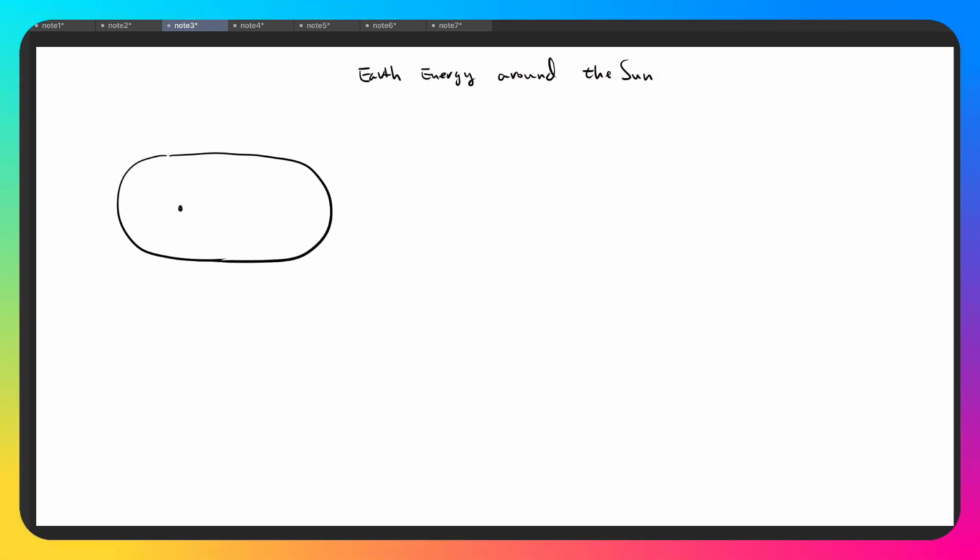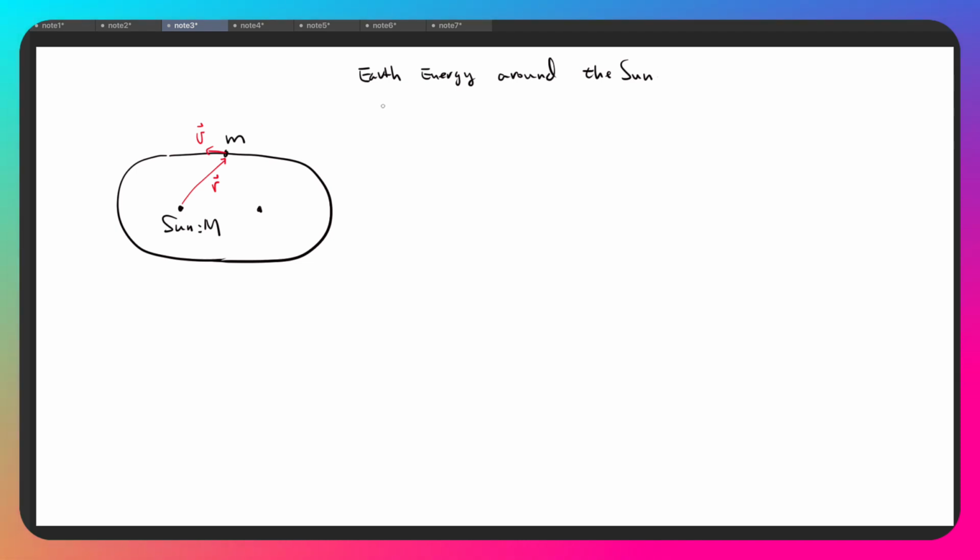And the sun, let's say, is here in one of the foci with mass big M. Okay, now the Earth is here, little m. Now, suppose I know the Earth speed right now is, let's say, v, and its distance to the sun is r.